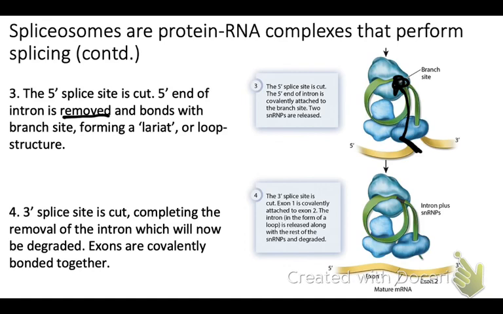And it forms this kind of half loop structure that's known as a lariat. And then all that remains is essentially to cut the 3' splice site, so to remove from this end essentially. So if you chop that, it completes the removal of the intron. It's kind of held in this loop structure here by the spliceosome proteins, and then this gets degraded.